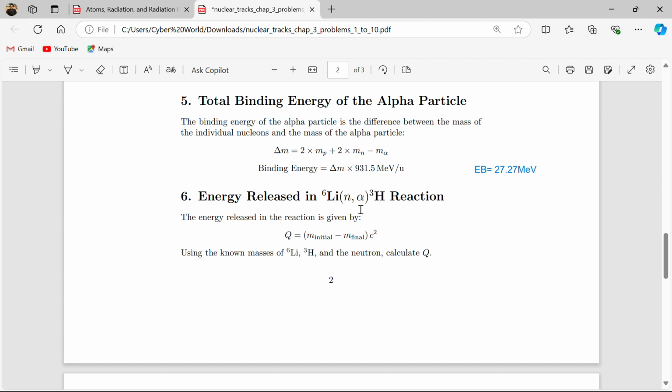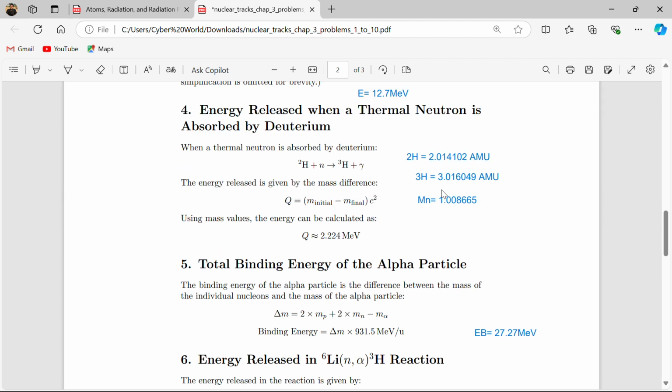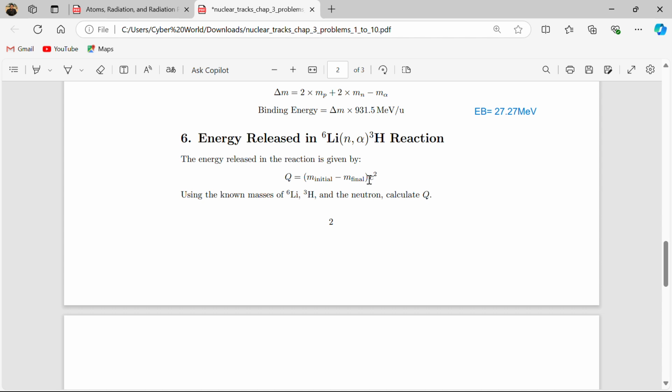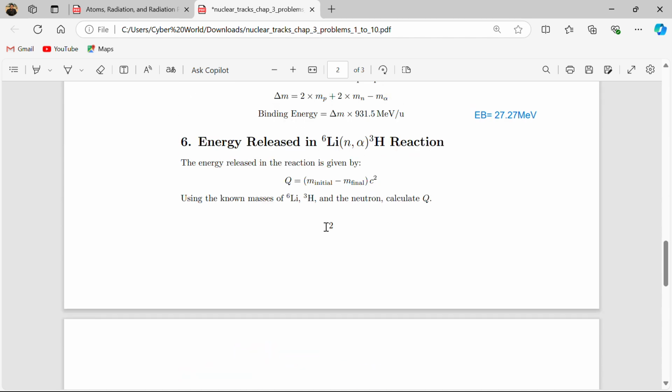Then minus the products, meaning minus the mass of alpha, which is 4.00 and so on, and minus the mass of tritium, which is 3.016049. After calculating and multiplying by c squared, you will get your final energy released in lithium. So this is how you can find the Q value, meaning total energy. You just have to put the values and substitute for Q.